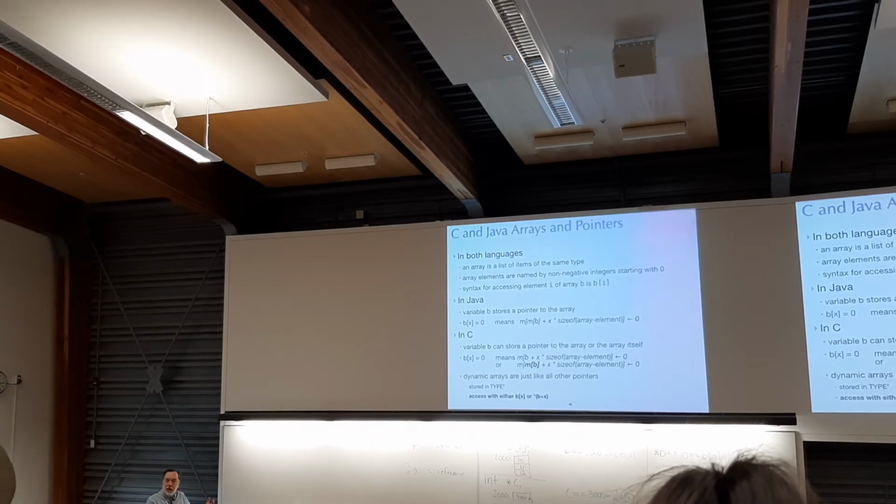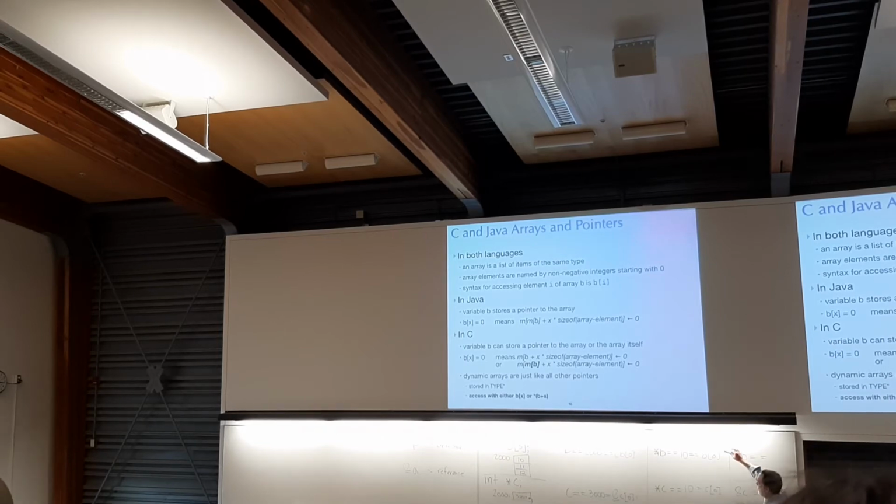B is a constant. There's no box for B. So actually B has no address. But in order to keep the symmetry between these two things, it's sort of like what happens here. C will give you a value for this. It's just weird. And it's one of the least weird things that we're going to learn about C.